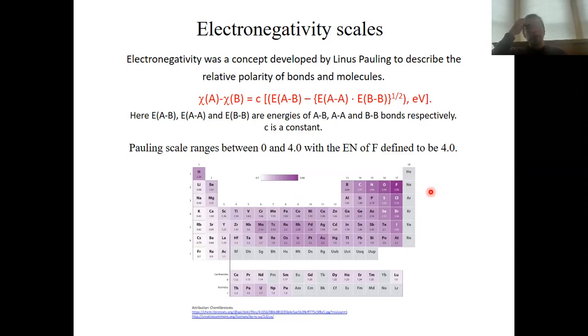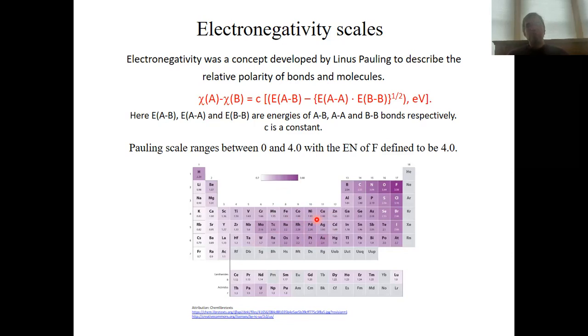Okay, so you see that this last trend, the electronegativity decreasing down a group, is strictly true for the main group elements, but it's not quite strictly true for the transition metal elements.